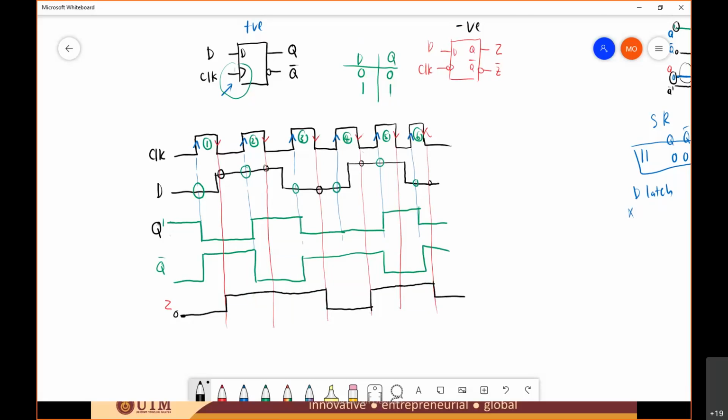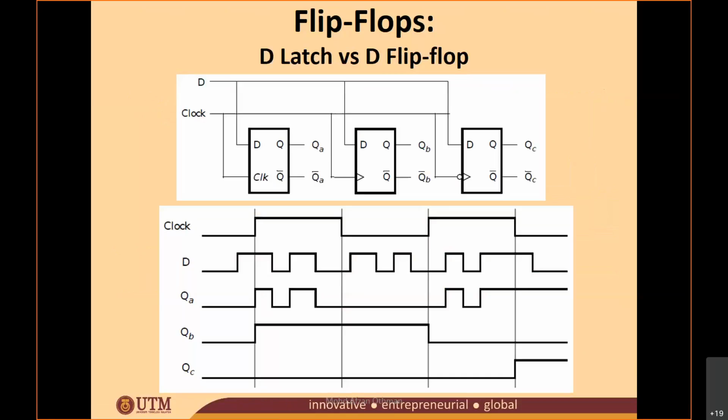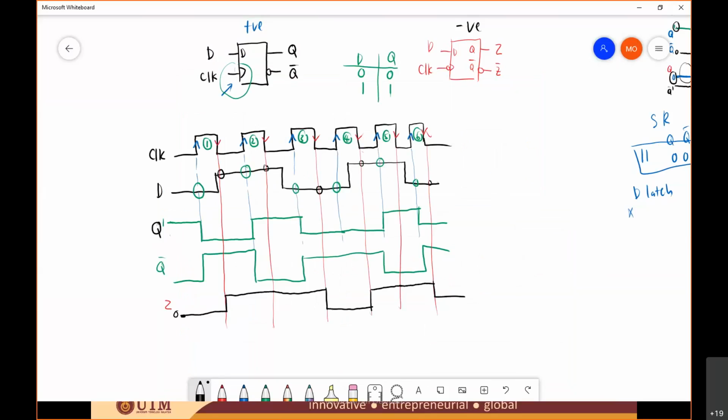Okay, next we'll look at another example. Kita tengok example yang lain. So this one here, you have a D latch versus D flip-flop. Saya ambil lukisan yang sama yang tadi. From the same input here, next I sambung kepada D latch.